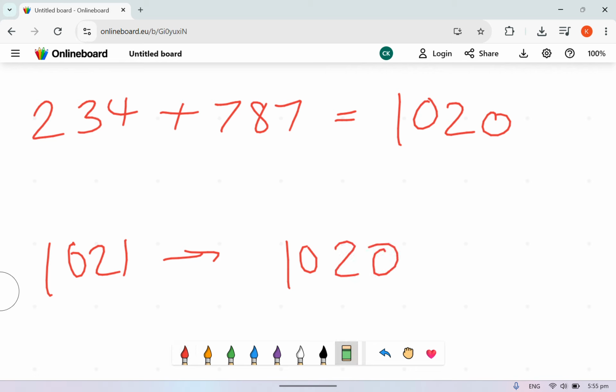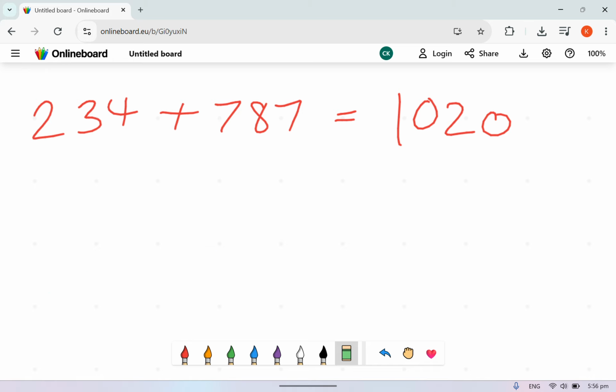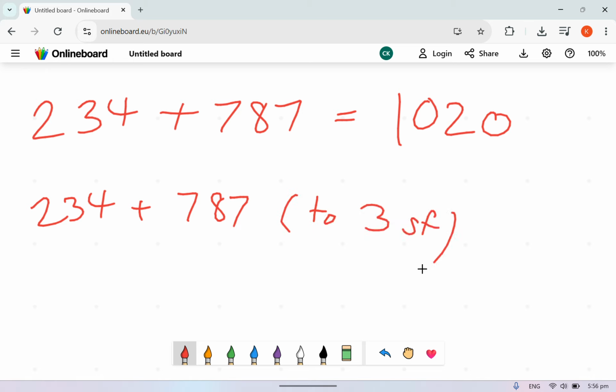So let's say I want my answer in 3 significant figures. How am I supposed to express it? If I tell you to do this, but I want the answer in 3 significant figures, you're going to get 1021, but in 3 significant figures, the answer is actually 1020.